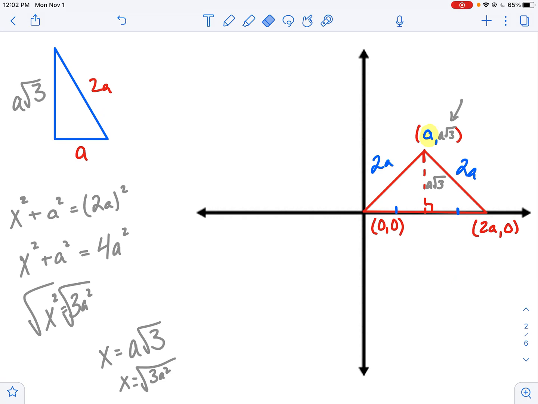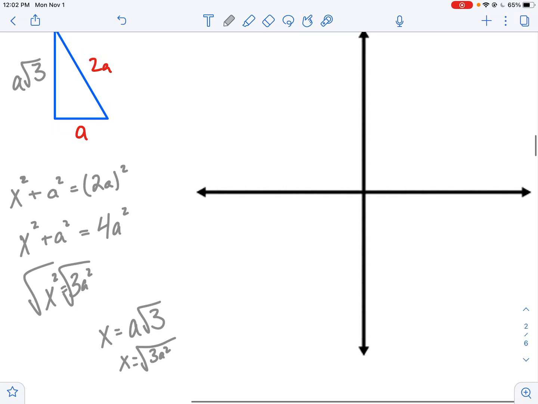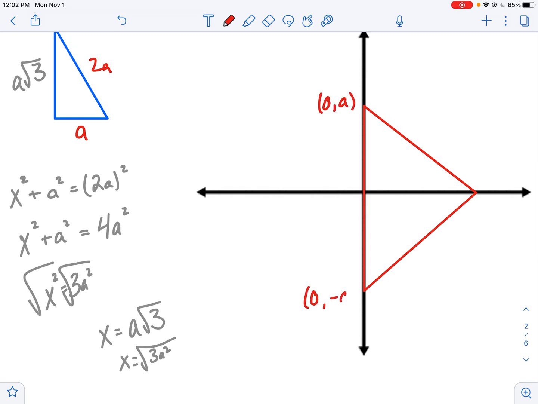Okay, and the last one I want to talk about is, what do I do if I have an equilateral triangle, but it's positioned in this fashion? So what if I went A units up and A units down? Well, if I went A units up here, this is A, and I went A more units, how many units total would that side length be?